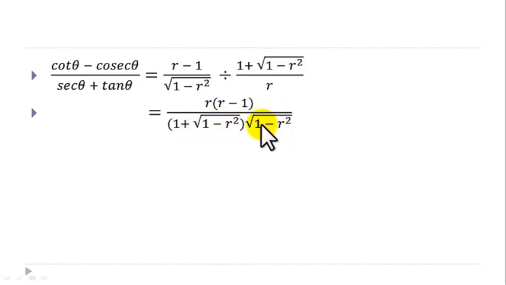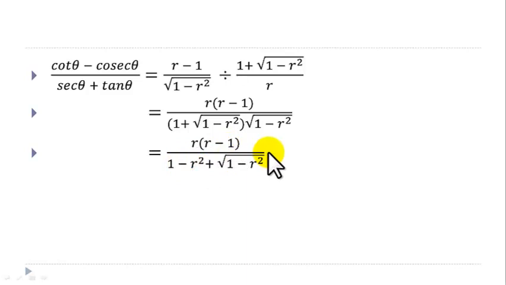Expanding the denominator, we will have r times r minus 1 all over the square root of 1 minus r squared times the square root of 1 minus r squared, which will give us 1 minus r squared, then plus the square root of 1 minus r squared times 1, which is root 1 minus r squared. So this is now the expression for cot theta minus cosec theta all over sec theta plus tan theta.